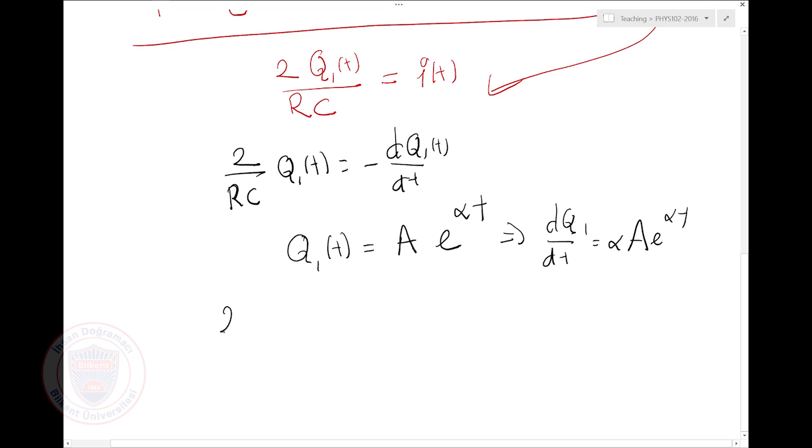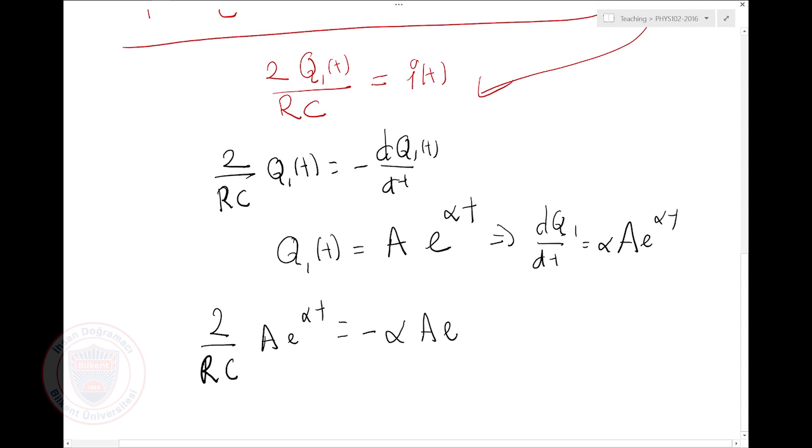If I plug this solution in, 2/RC times A e to the alpha t is minus alpha A e to the alpha t. A is cancelled. I, not surprisingly, find that alpha is minus 2 over RC.